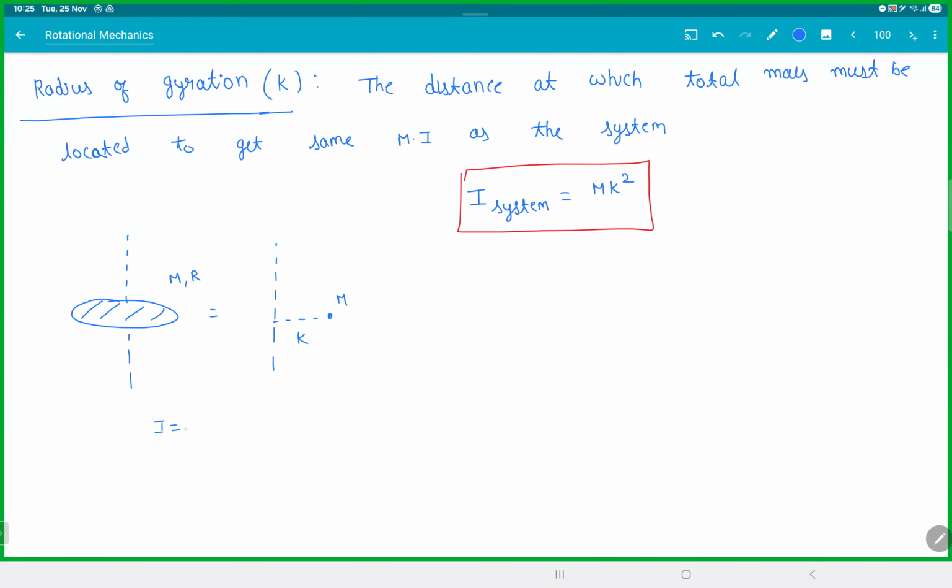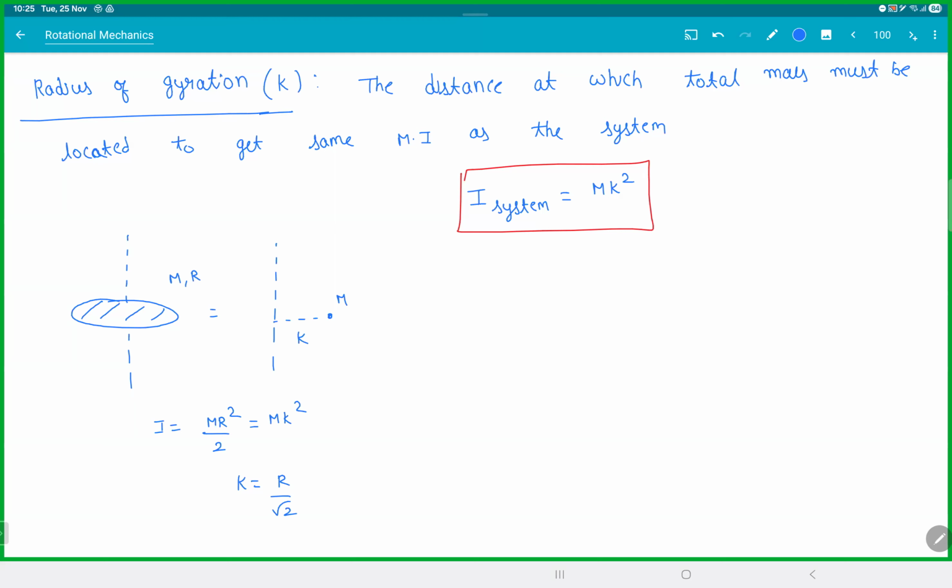The moment of inertia of a disk perpendicular to its plane is M r square by 2. This must be equal to M k square. So the radius of gyration of a disk is r by root 2. Are you clear? The manufacturer will calculate the k value and print it on top of the disk.